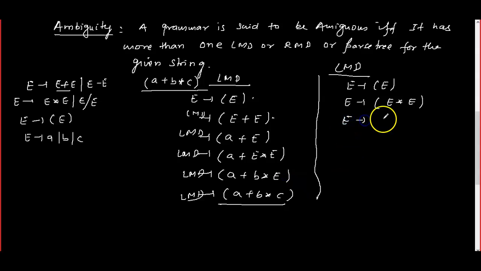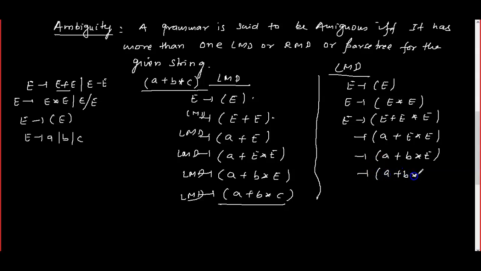So E derives, I can write it here, this E you can write E plus E, okay, star E. Then this is A plus E star E, this is A plus B star E, this is A plus B star C. Okay, so we are able to derive it when we substitute differently.